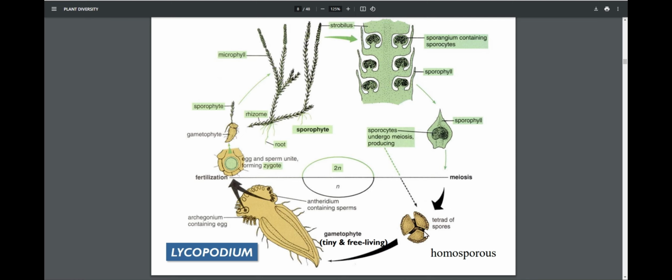In this case, a tetrad is shown, which is four daughter cells still stuck together, and then they form the gametophyte, which is bisexual, with archegonia that produce eggs and antheridia that produce sperm, which can allow self-fertilization to form a zygote.